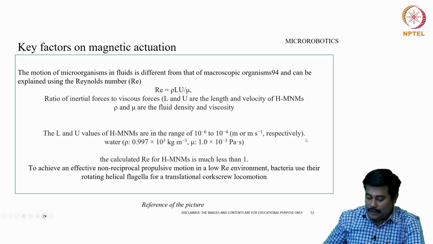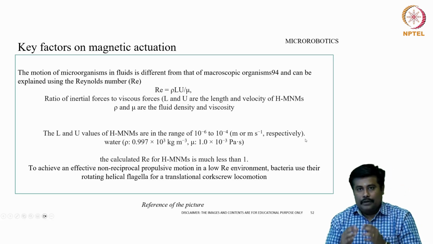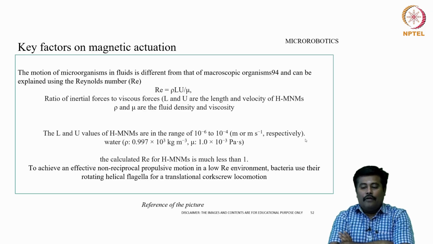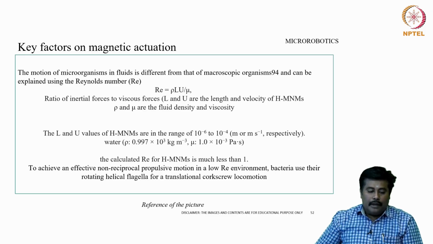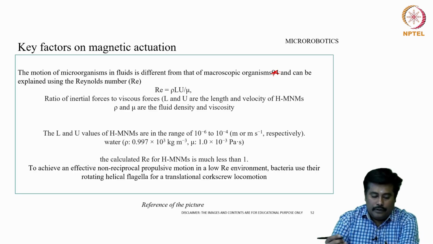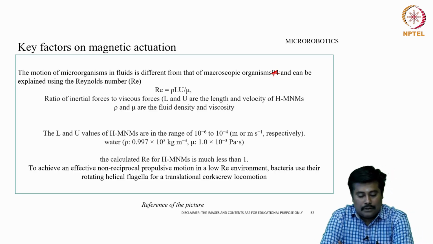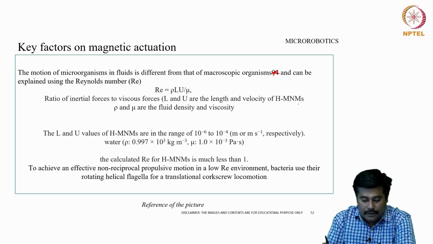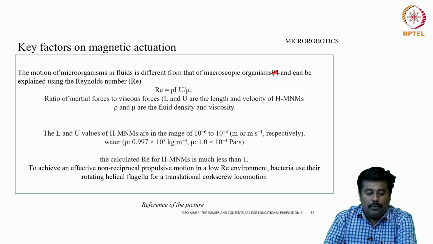Some of the key factors in magnetic actuation: the motion of a microorganism in fluid is different from that of macroscopic organisms, which can be explained with the Reynolds number. We all know the Reynolds number is the ratio of inertial force to viscous force. L and U are the length and velocity of this helical system, and rho and mu are the fluid density and viscosity.